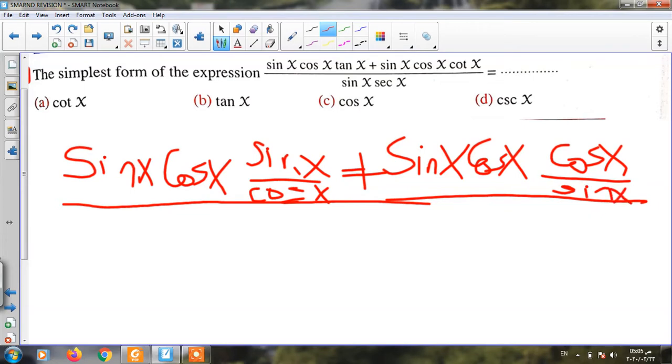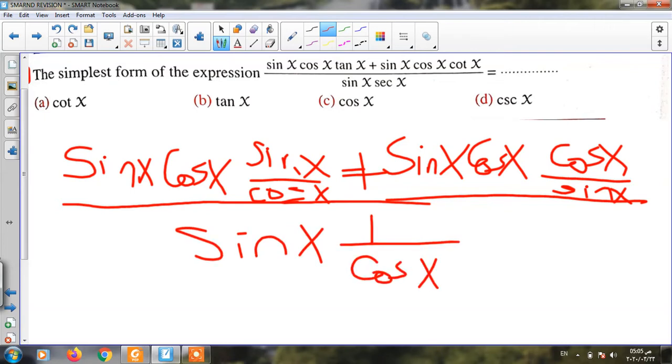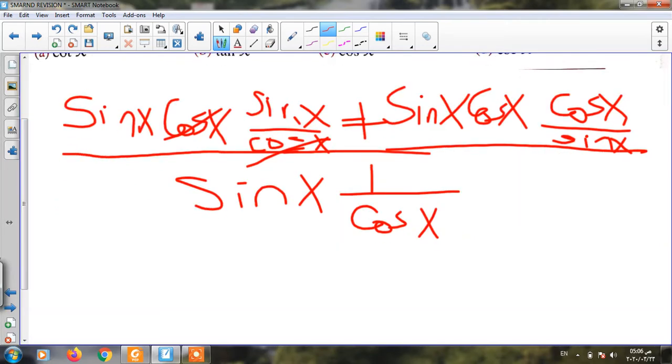And here we have sine x, and the sec is 1 over cosine x. From here we cancel the cosine together. So up here we have sine power 2 x. We have here sine power 2 x plus, cancel the sine.